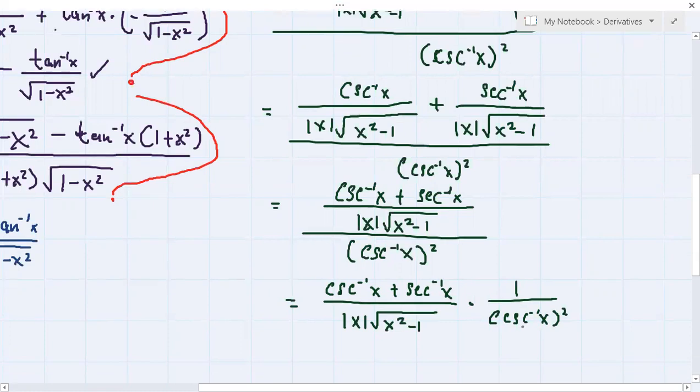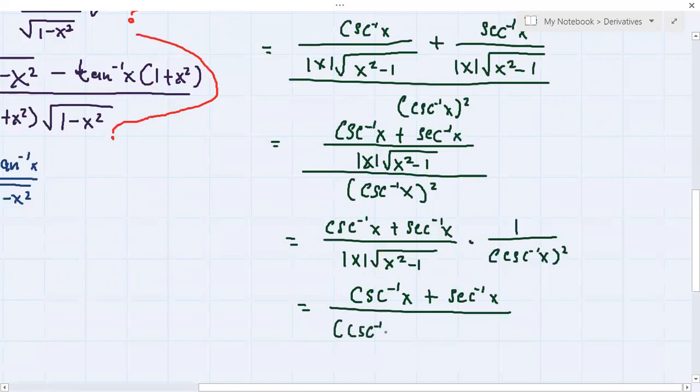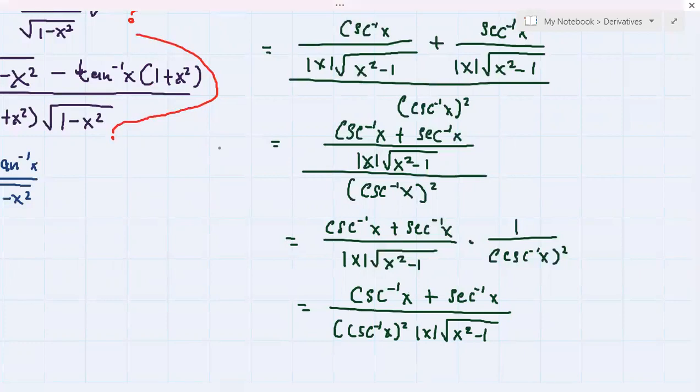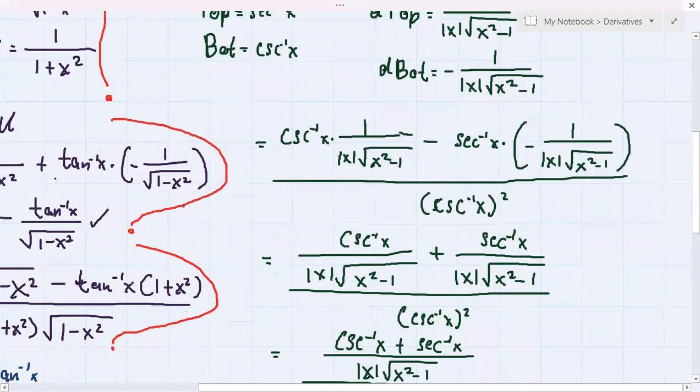Once we reciprocate them, we can now multiply them together. Hence, pagka-multiply natin together, meron na tayong arc cosecant x plus arc secant x all over the square of arc cosecant x times the absolute value of x times the square root of x squared minus 1. See, mahaba sagot niya pero worth it. At yan yung magiging sagot natin sa derivative ng arc secant all over arc cosecant.